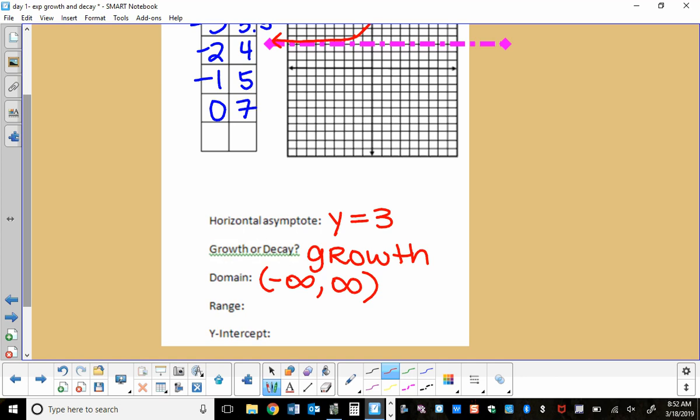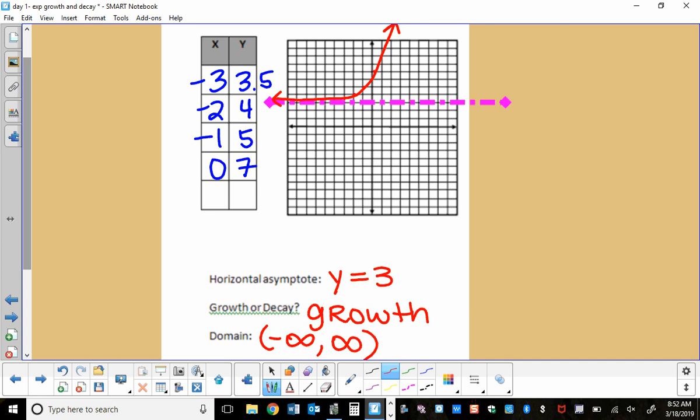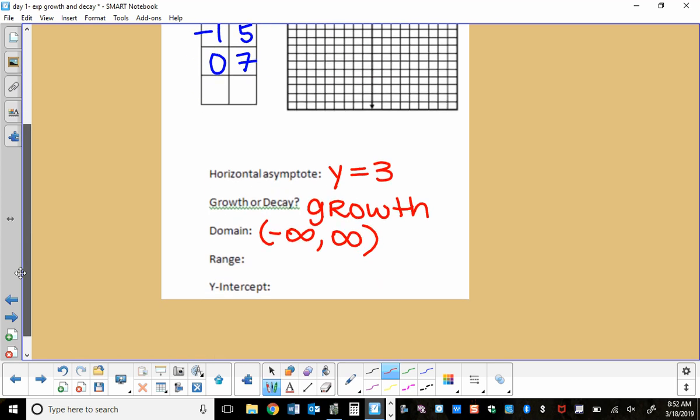Negative infinity to positive infinity. Christina, let's do the range. From down to up, where's my graph starting? Yep. So your asymptote is 3, and you're going up to where? Positive infinity.